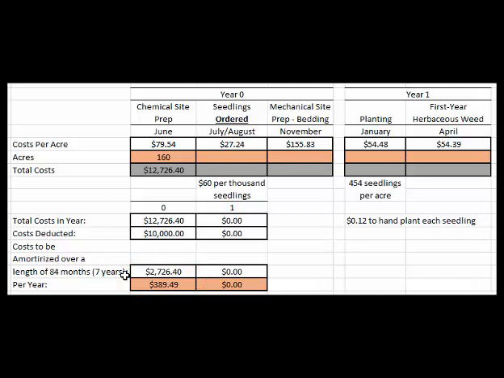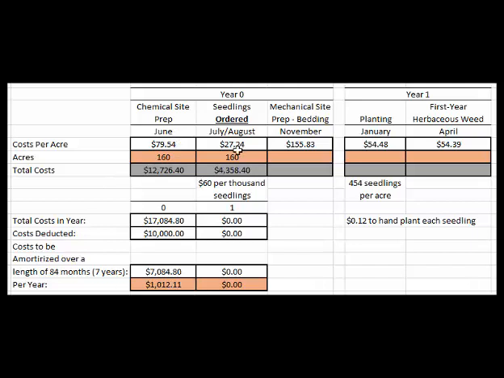And the terminology sometimes can get a little tricky. And then, of course, we're going to order our seedlings, and assuming we have to pay for them at the time of ordering them, which could be July, August, perhaps September. Once again, get them as soon as you can. You can see that the cost deducted doesn't change because we've already basically incurred that with our chemical site preparation treatment.